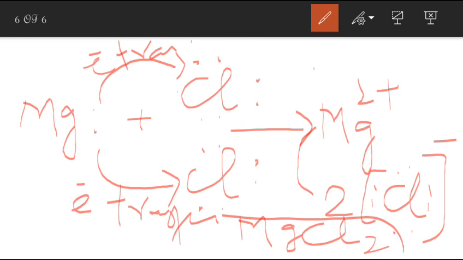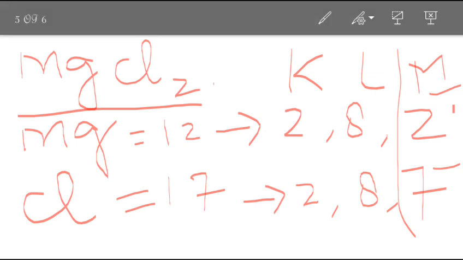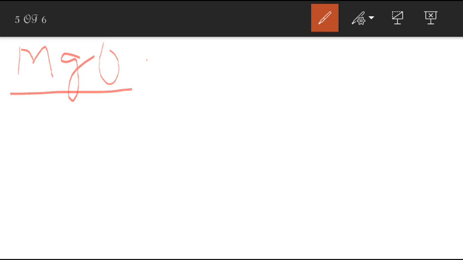Now I will show you a last example, that is magnesium oxide. So you will solve it in the same way, whether you are solving it in your examination or at your home.